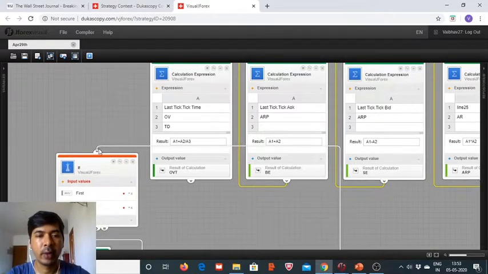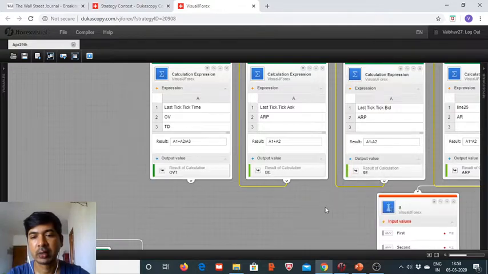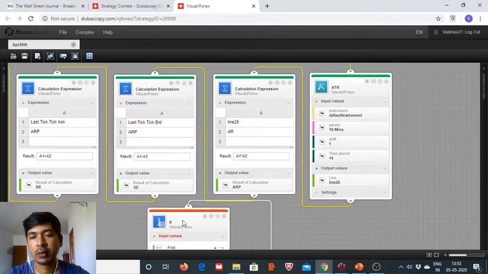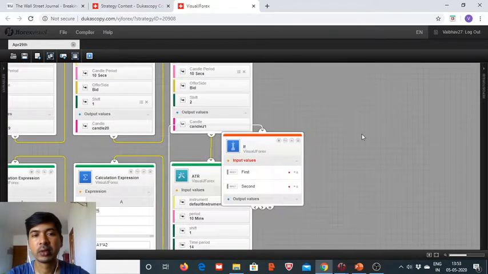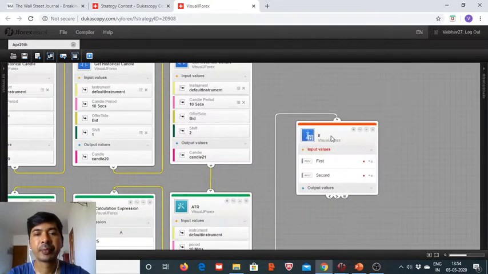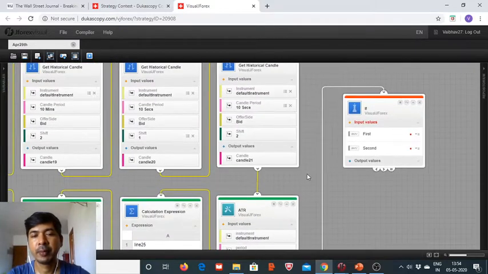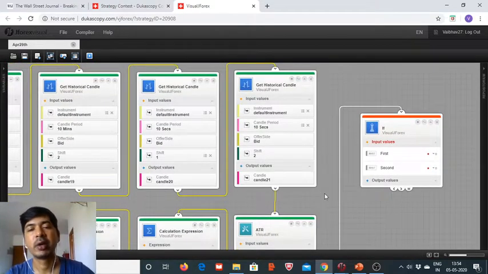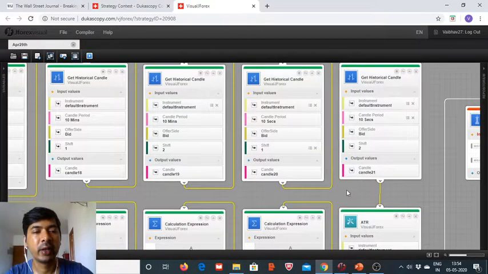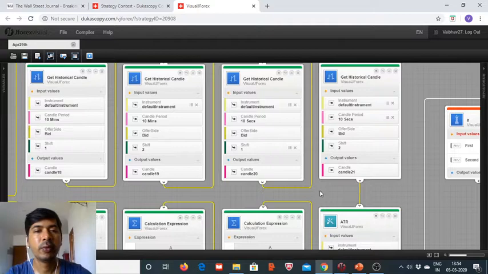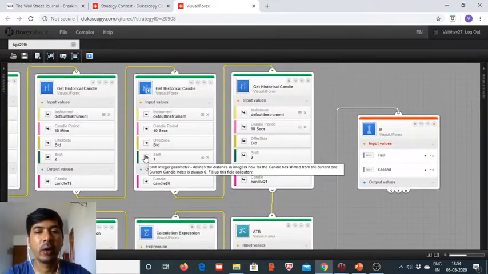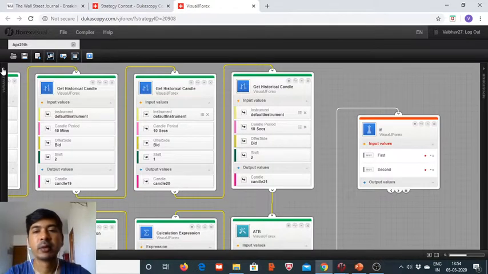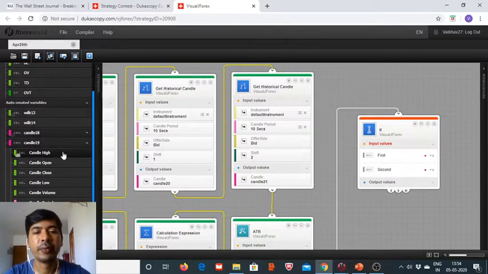So let us go back to 10 seconds values. We are going to need 2 if blocks. We have to compare the candle 20 and the candle 21's closing values to that of candle 18's closing value, and whenever it starts to fall we will be placing the order. So here we go.